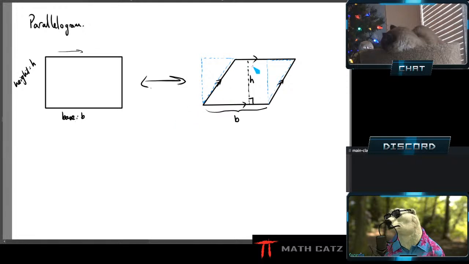So that's why we don't call it a side length for the parallelogram. It's the height, the distance between the base and its corresponding opposite side, which is parallel. But because there's such a close link between these two, you can imagine going from the rectangle and deforming it to a parallelogram, or cutting out the triangle and shifting it over to make the rectangle. The area of the parallelogram is the same as the area of the rectangle, which is the product of the two side lengths.